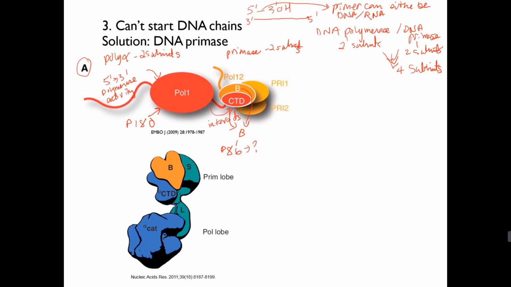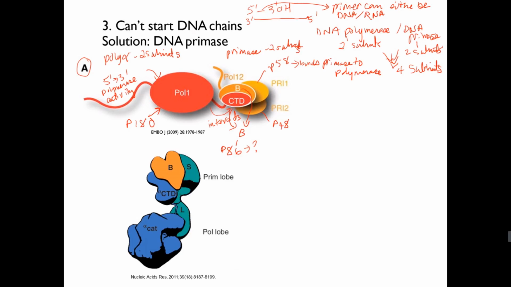The primase, as I mentioned, also has 2 subunits. One is P58, which is this one here, and the other is P48, which is this one here. The P58 subunit is involved in binding the primase to the polymerase. So it's this interface between the primase and polymerase.